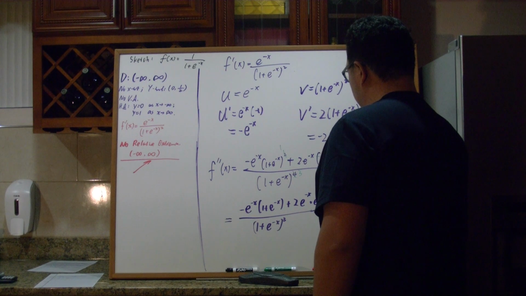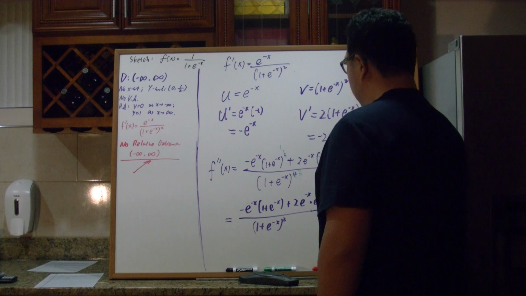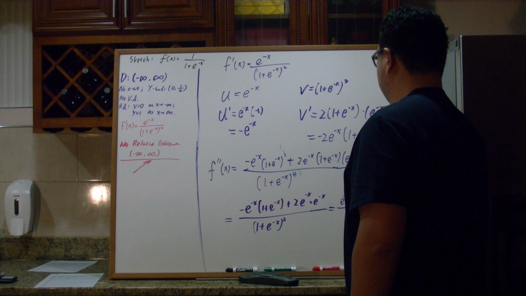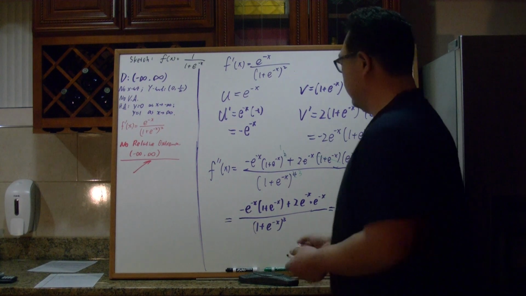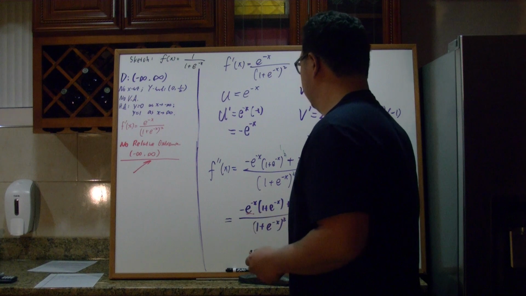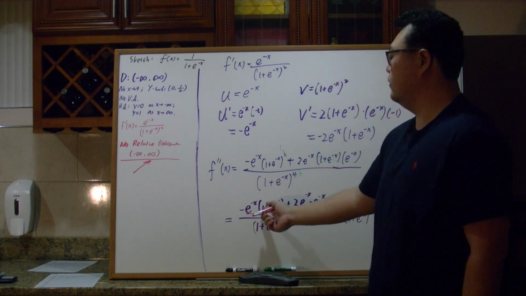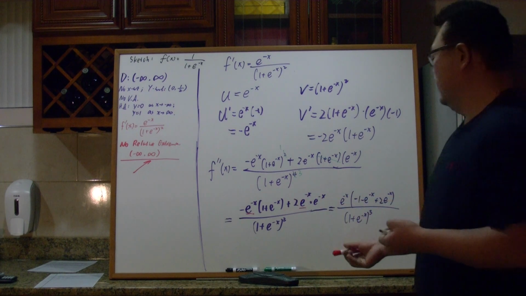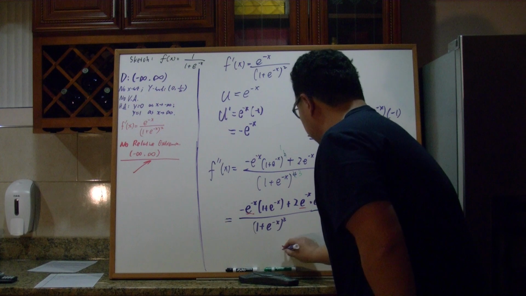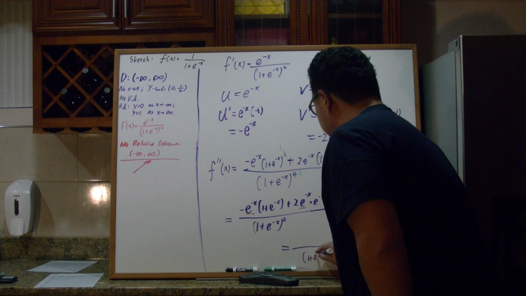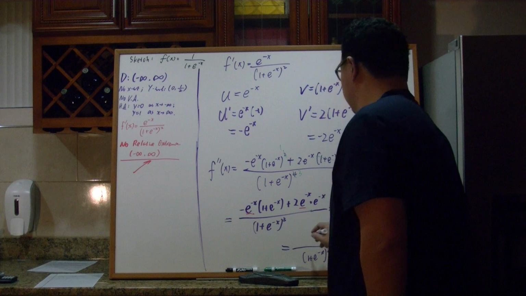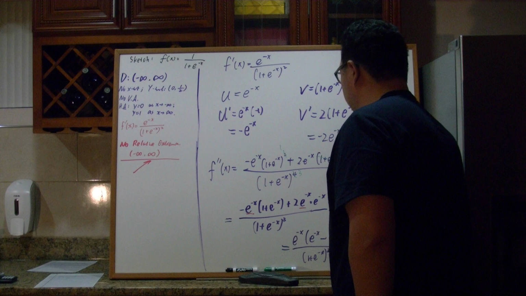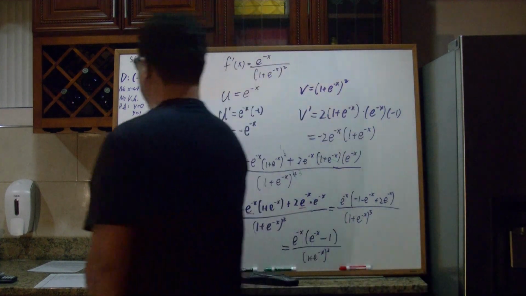I factor out e to the negative x once. Then I have negative 1 minus e to the negative x plus twice of e to the negative x, which at the end is e to the negative x times e to the negative x minus 1. That's our second derivative.